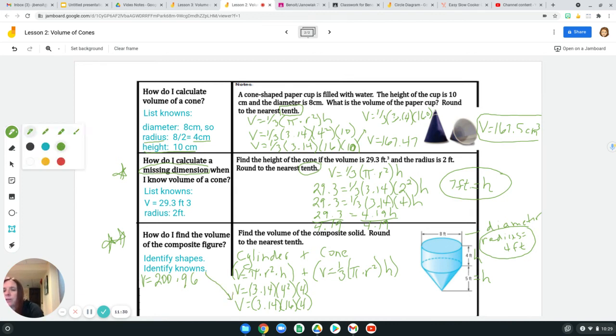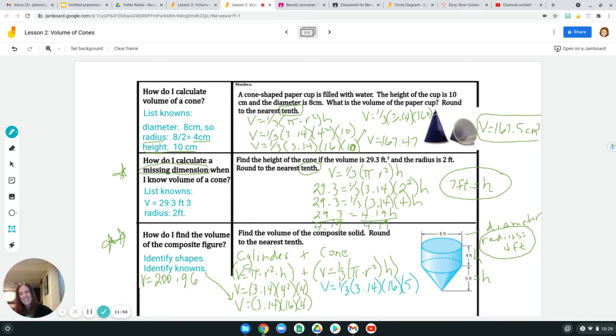Now let me do the cone in a different color. So for the cone, we still have 3.14, and our radius squared we already know is 16, so I'm just going to jump to that. And the height for the cone is 5. 16 times 5 is 80.